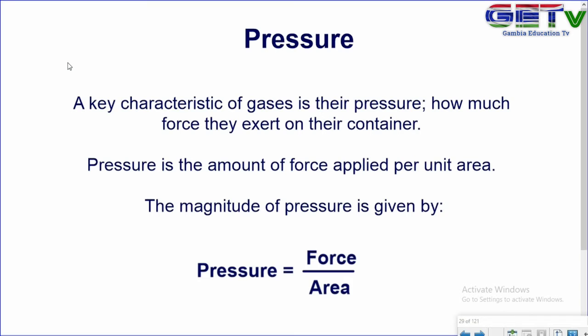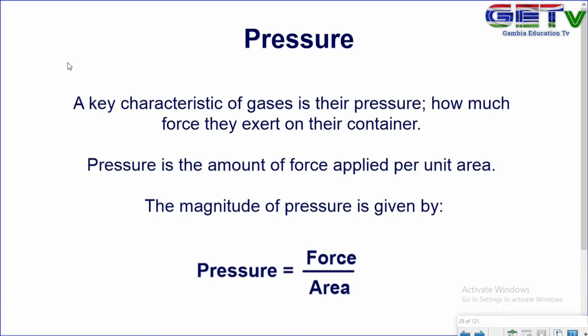A key characteristic of gases is their pressure. First, we look at pressure. A key characteristic of gases is their pressure, how much force they exert on their container. So pressure is the amount of force applied per unit area.